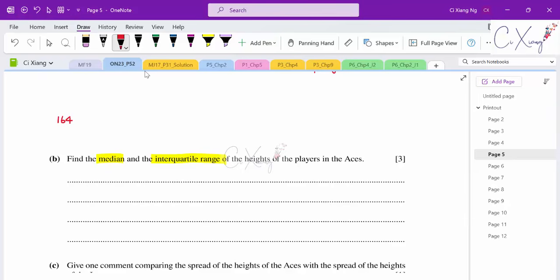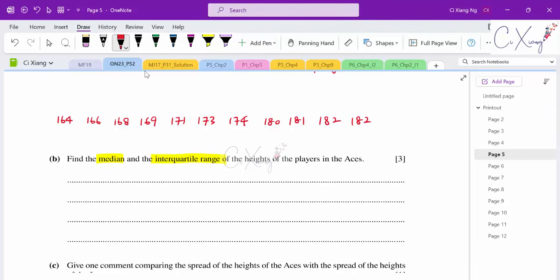I'm having the lowest value 164, 166, 168, then 169, 171, 173, 174. Then 180, 181, 182, 182, then this is the last number already.